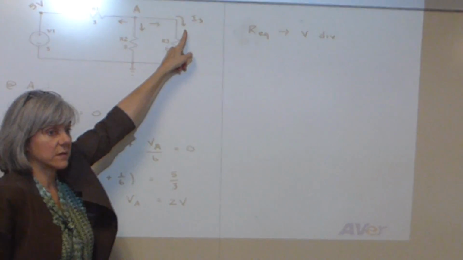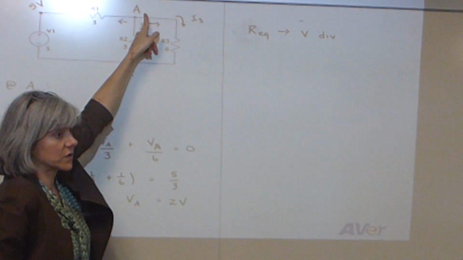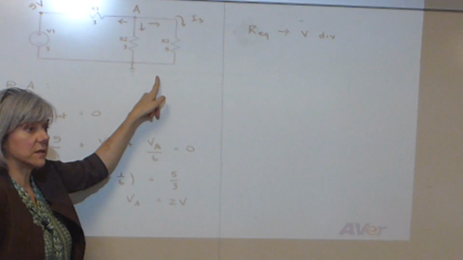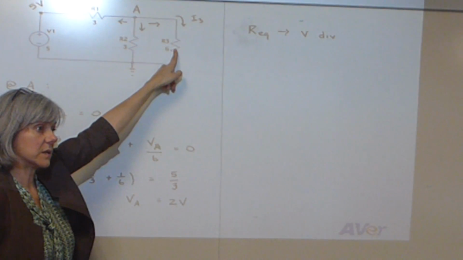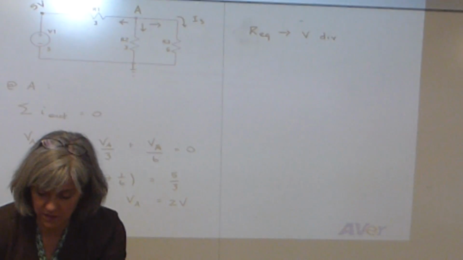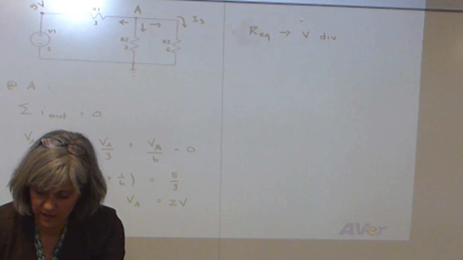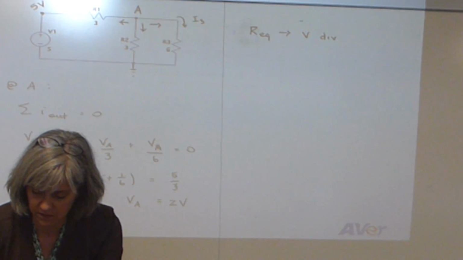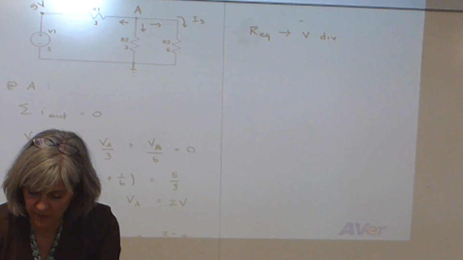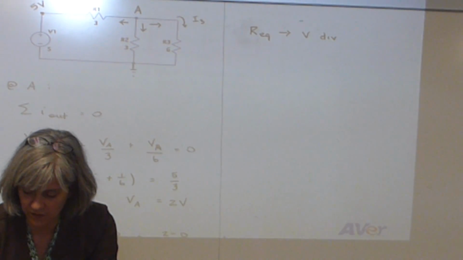So I sub 3 is just the first voltage minus the next voltage divided by the resistance. So I sub 3 is going to be V sub A minus 0 over 6. I misspoke. So 2 minus 0 over 6, 0.33.